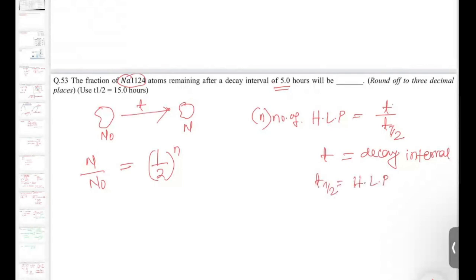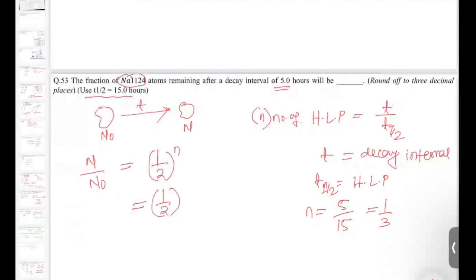So n will be equal to 5, the decay interval of 5 hours, divided by the half-life period, which is given here as 15 hours. So it should be 1 by 3. If you put this n value here, it is 1 by 2 to the power 1 by 3.